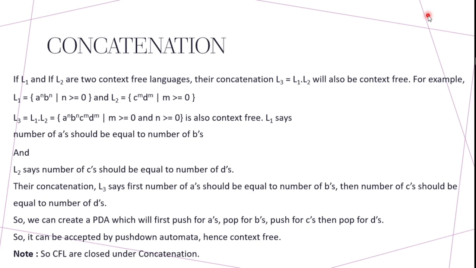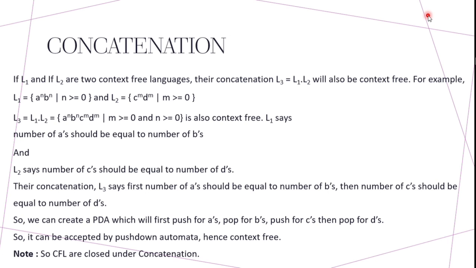So L3 would be L1 dot L2, which is equal to a raised to power n, b raised to power n, c raised to power m, d raised to power m, where m and n are both greater than or equal to 0.